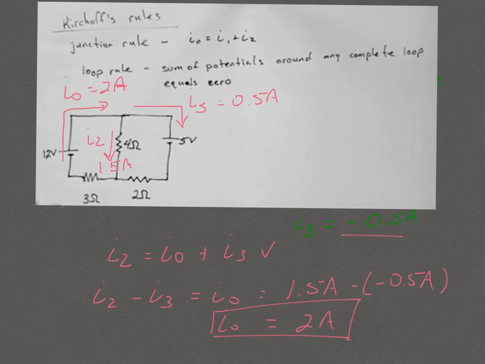And that should make sense, okay? 2 amps splitting into a sum of 2, right? So really our junction rule should have been that at the start. But that's the process that you want to take to solve a Kirchhoff's rules problem.